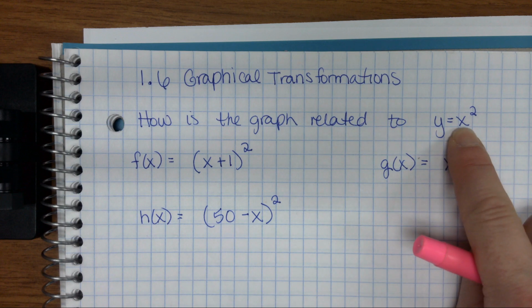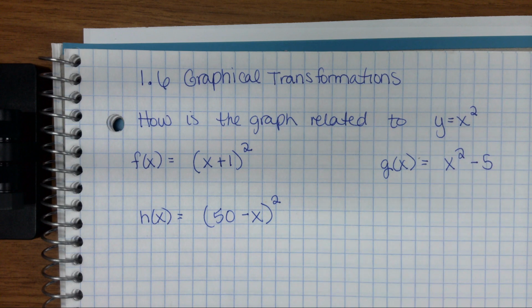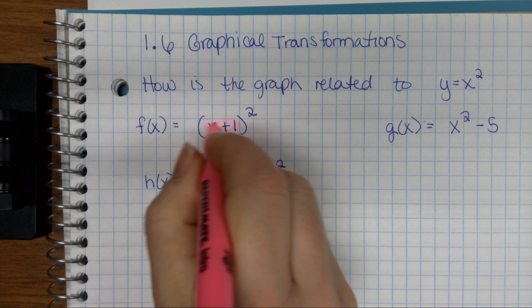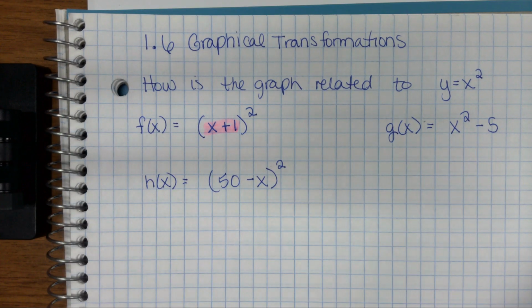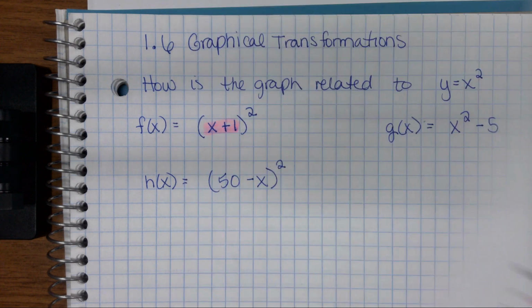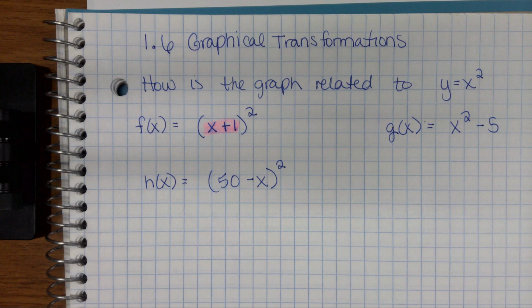So in the first one, I had x squared, and now it's x plus 1 squared. Okay. So if I'm looking at my transformations, this is inside the function, x was replaced with x plus something. So what should be the result of the graph then?